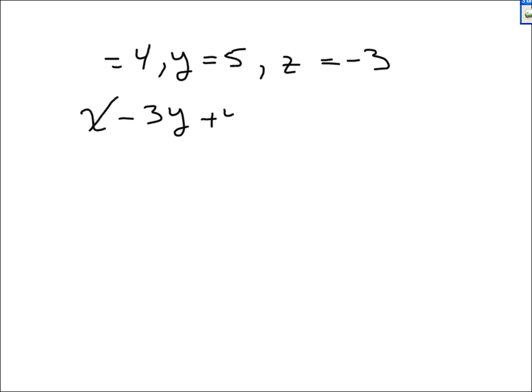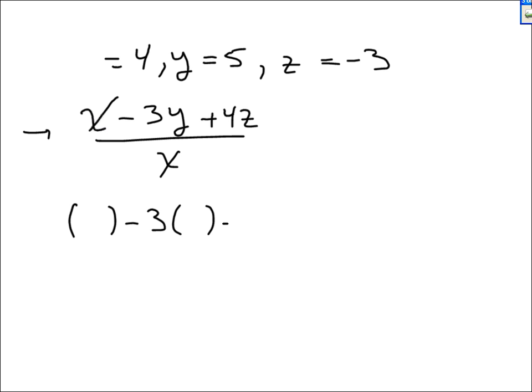Be told that x is equal to 4, and y is equal to 5, and z is equal to negative 3. And you're asked to evaluate x minus 3y plus 4z all over x. Well, copying the numerator, you get x minus 3y plus 4z all over x.